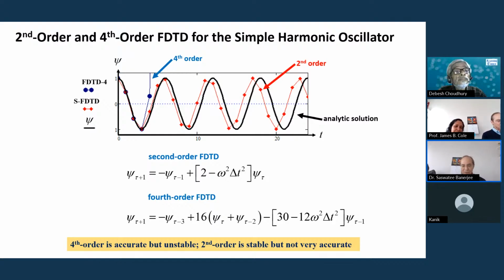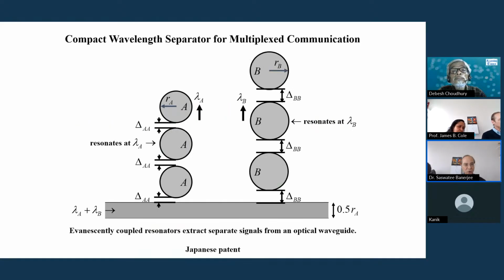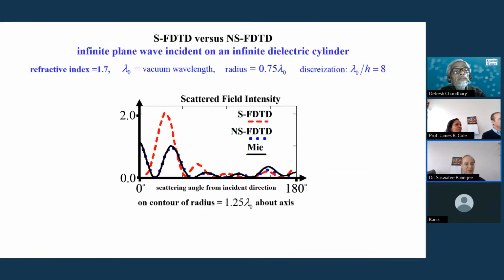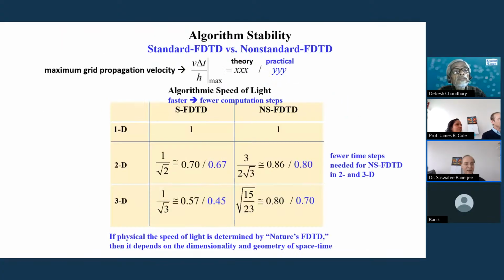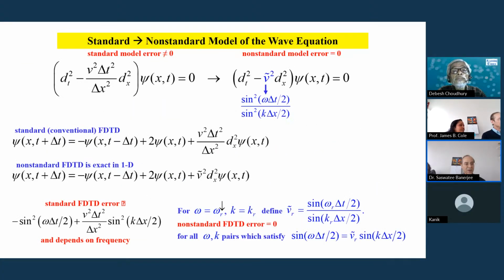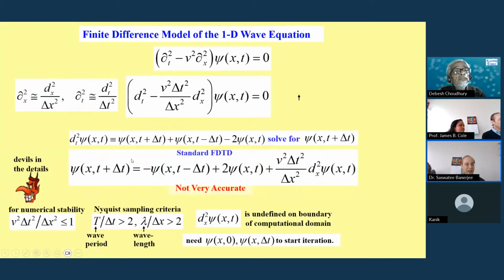So the Nyquist sampling criterion says that the ratio of the period of the wave to the time step must be greater than 2. And similarly, if you're sampling in space, the ratio of the wavelength to the space step must be greater than 2.